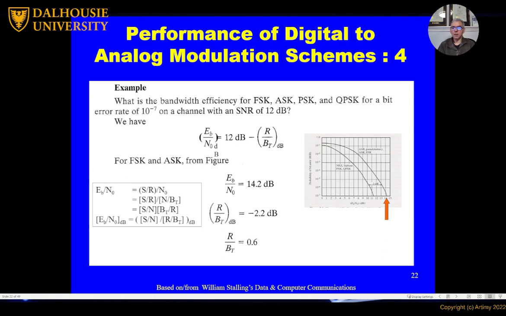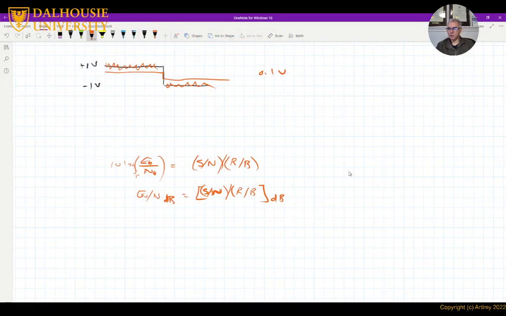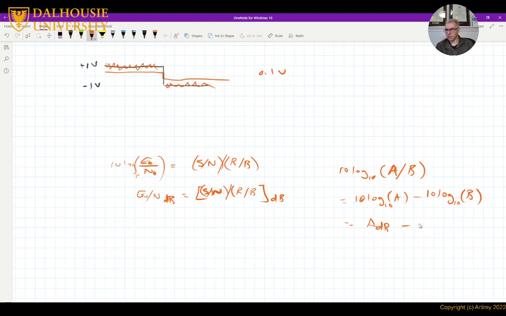Okay, so now if you have 10 log 10 of A divided by B, that corresponds to 10 log 10 A minus 10 log 10 B, which is A dB minus B dB, right?